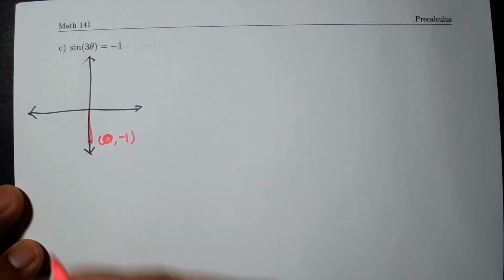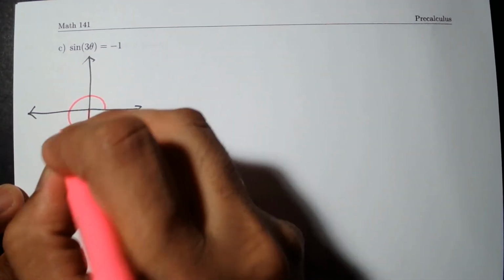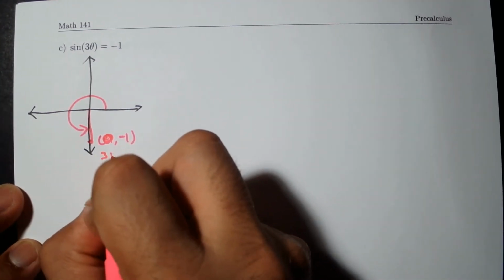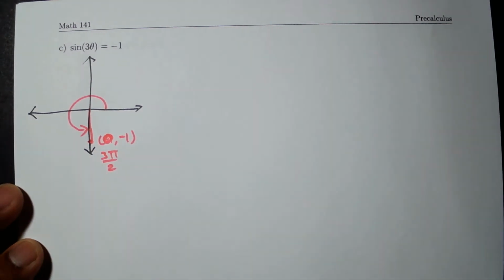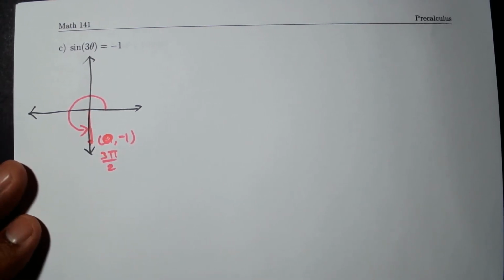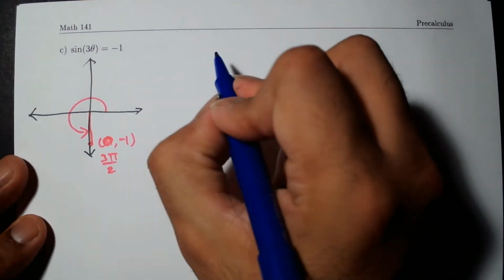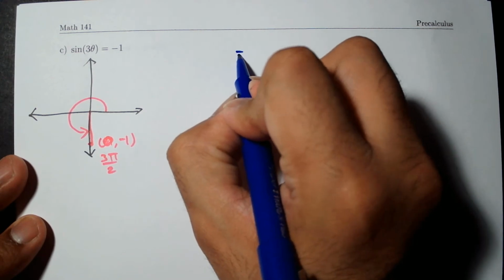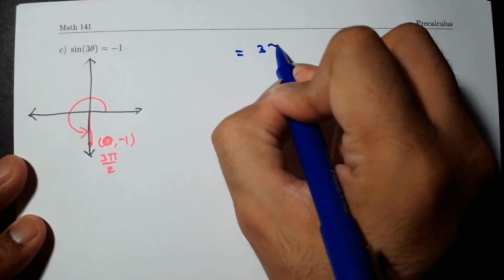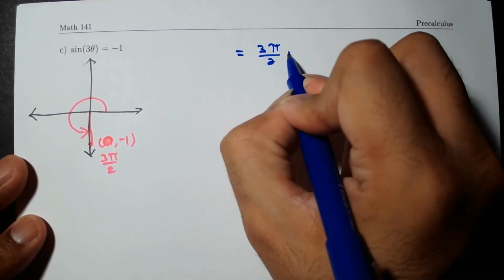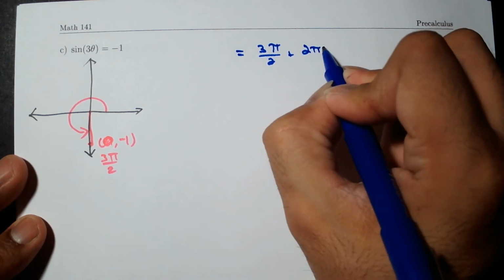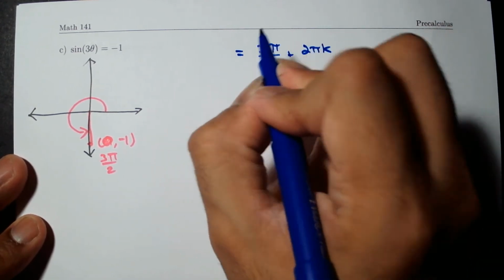That's the point, and in this case it is 3 pi over 2. So in this case, as opposed to the previous two examples, there will be this time only one single general formula. However, the general formula will look something like 3 pi over 2 plus 2 pi k, but not equal to theta only.